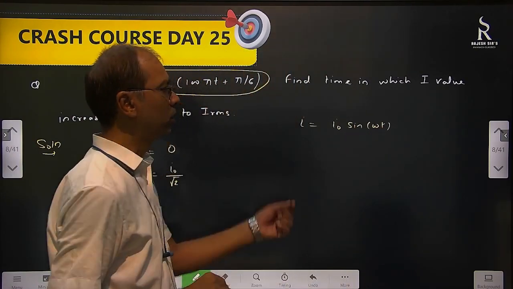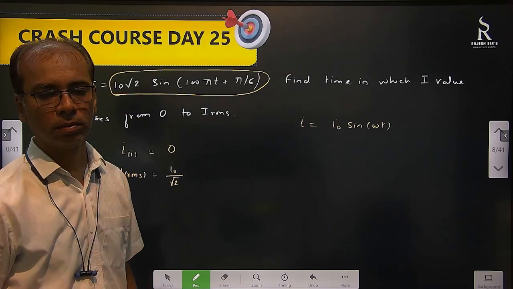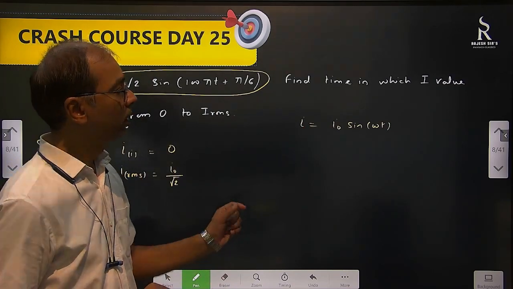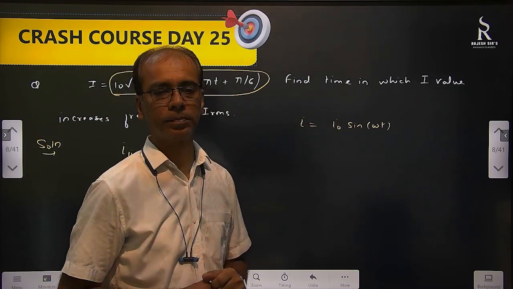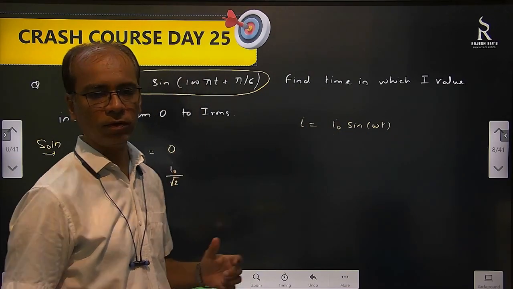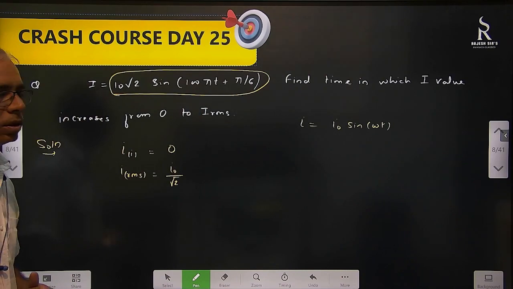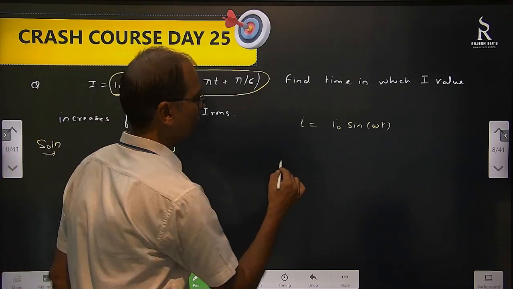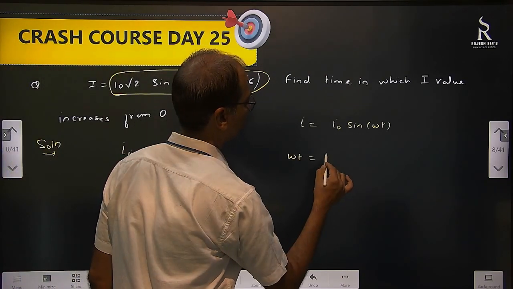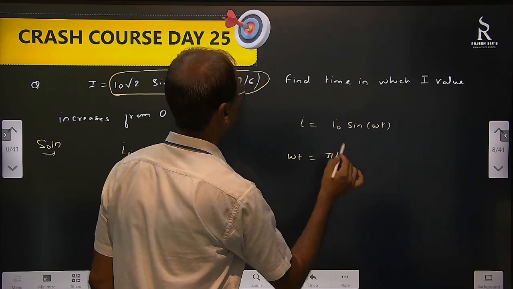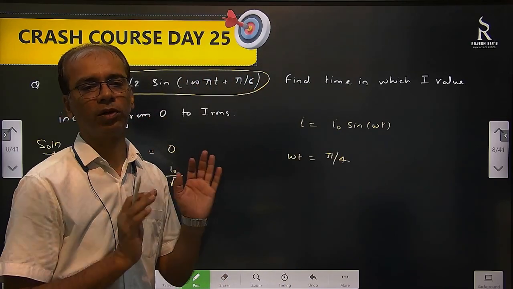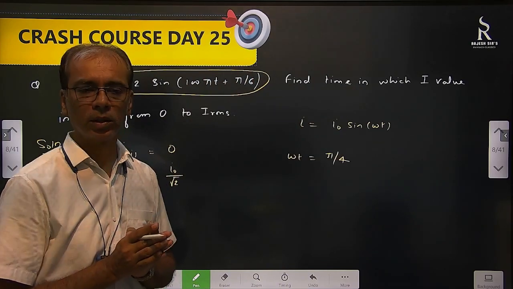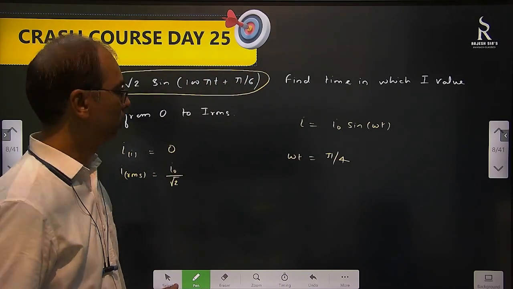At t equal to 0, I is 0. When will this be I naught by root 2? When the angle is 45. So omega t is 45 degrees. That means from whatever the initial value is, you have to rotate by 45 degrees. Then you are going to get I naught by root 2.